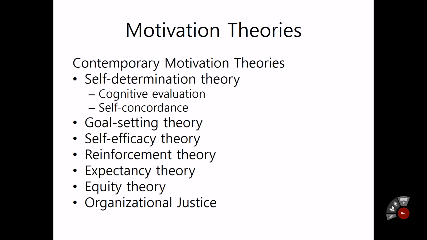Organizational justice. When people judge the fairness of their organization, they think about three different things: outcome, process, and interaction. So that's distributive justice, procedural justice, and interactional justice.